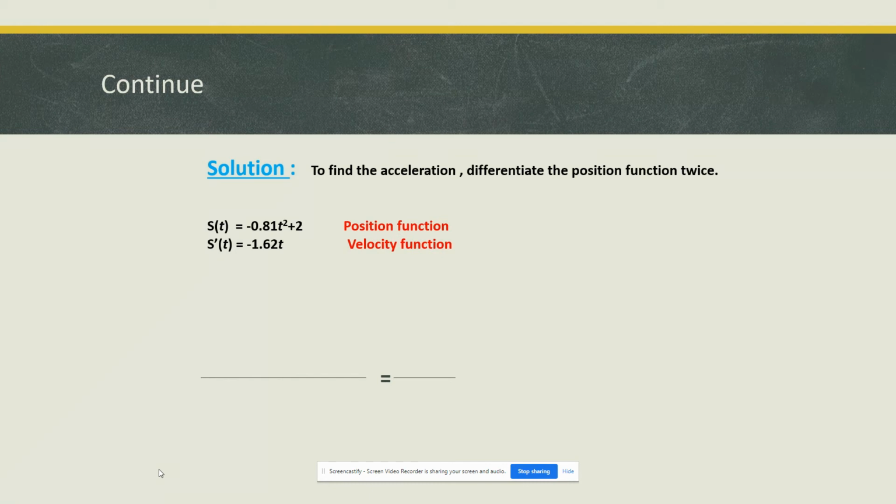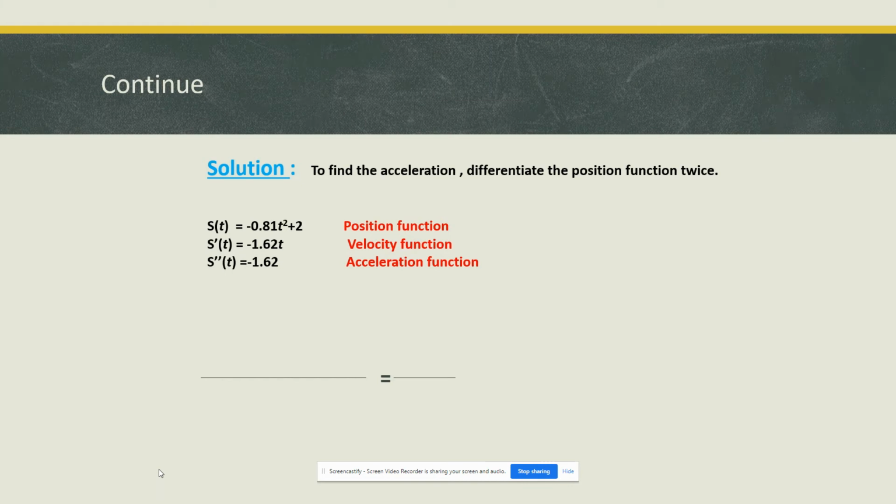So we get the velocity function first, which is s'(t) = -1.62t, and to get the acceleration function we differentiate the velocity function again, and we get s''(t) = -1.62.